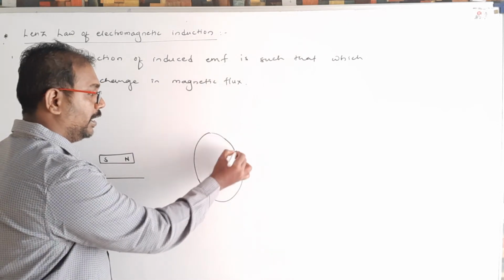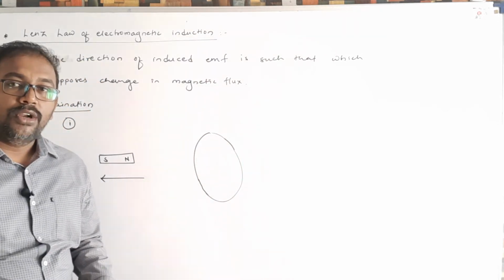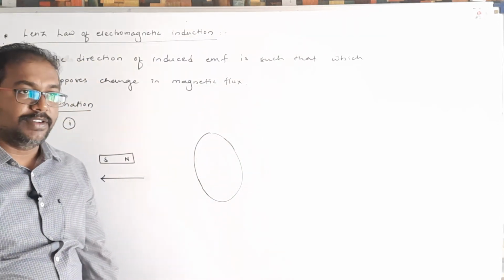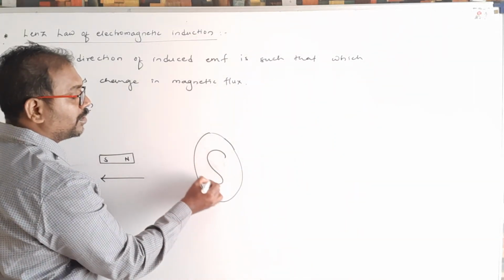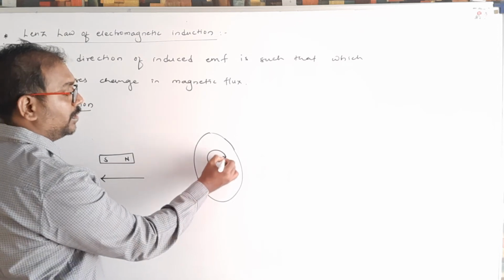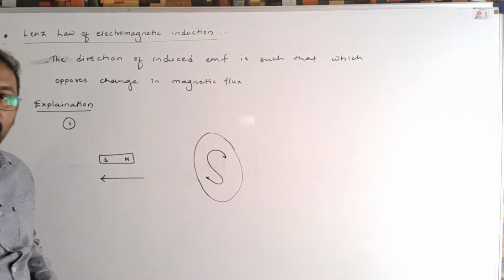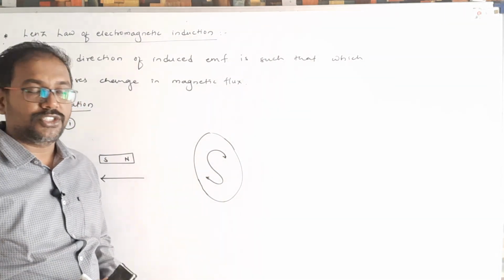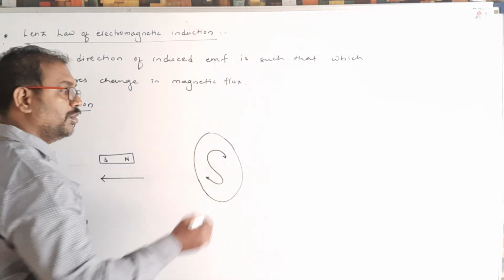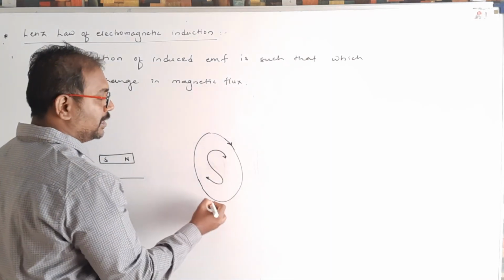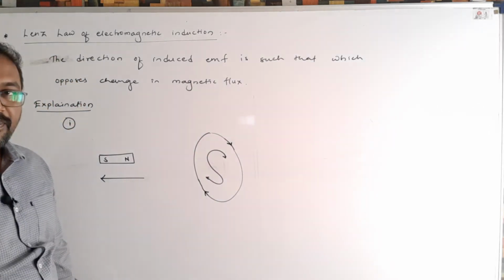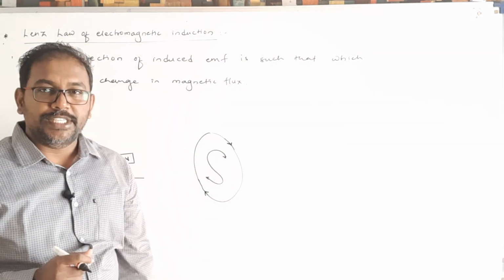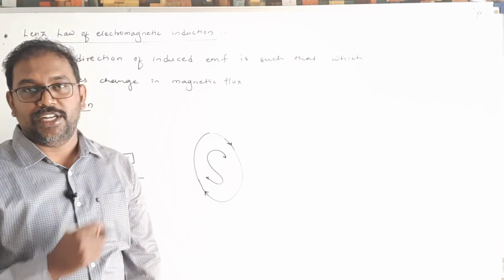Then to oppose this decrease in magnetic flux, an S pole is produced on the face of the coil. Only then is this decrease in the magnetic flux opposed. As an S pole is produced on the face of the coil, it means the direction is clockwise. So here the direction of induced EMF is clockwise.